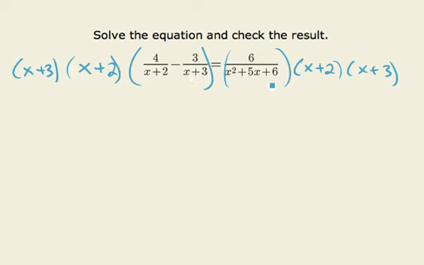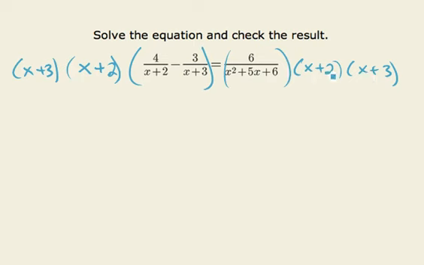I'd also like to get my x squared plus 5x plus 6 on the right-hand side to cancel. So I'd want to multiply by x squared plus 5x plus 6, which I don't have enough room to write. But we're in luck, because in this case, the factors of x squared plus 5x plus 6 happen to be x plus 2 times x plus 3.